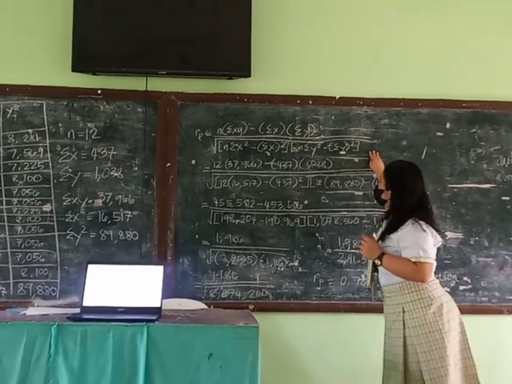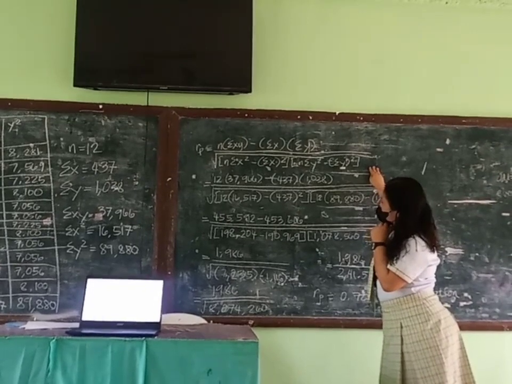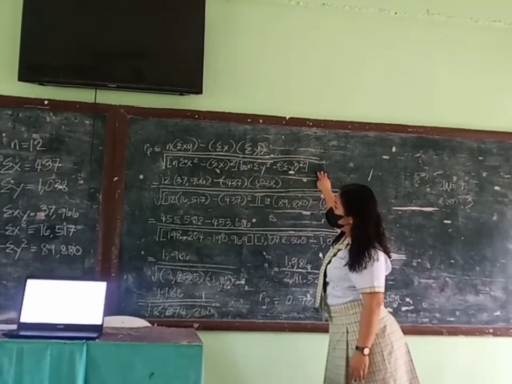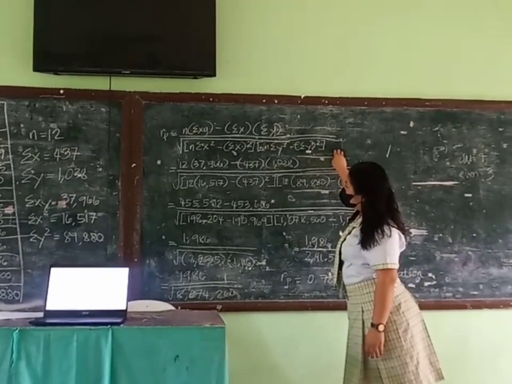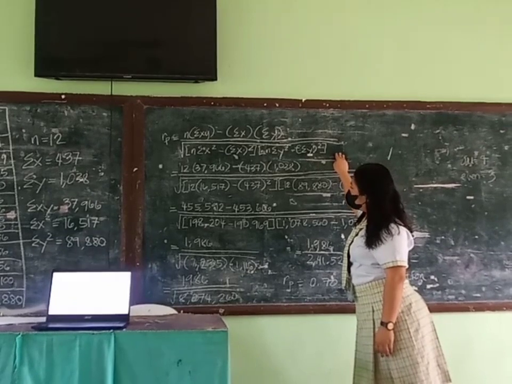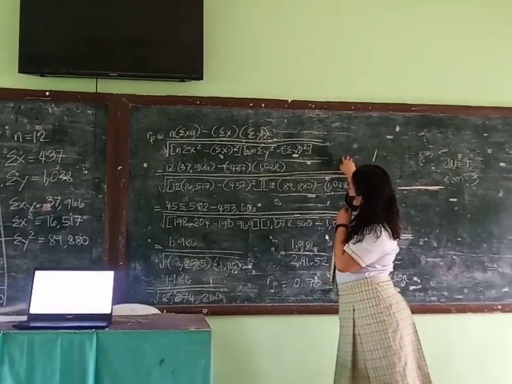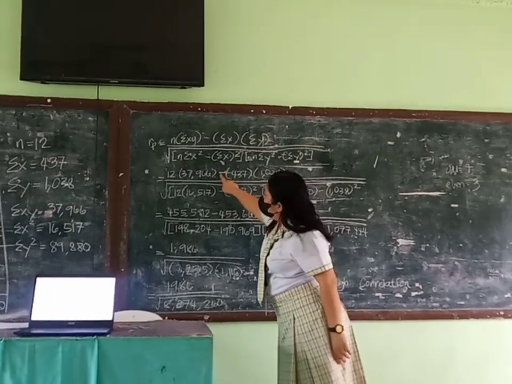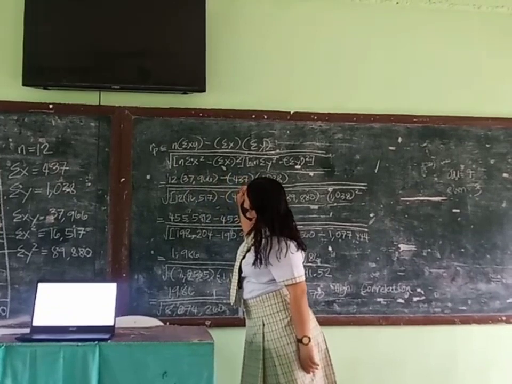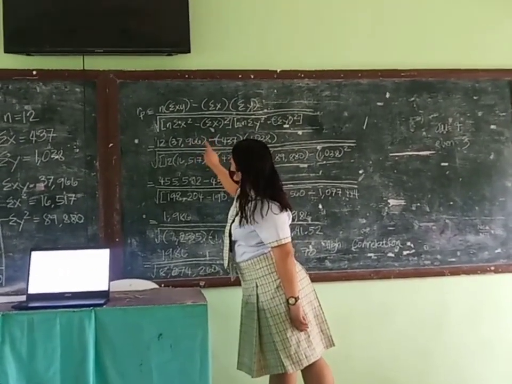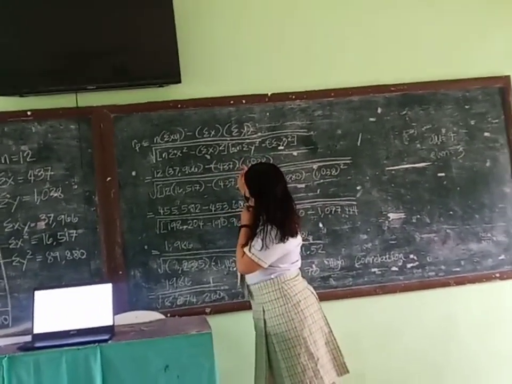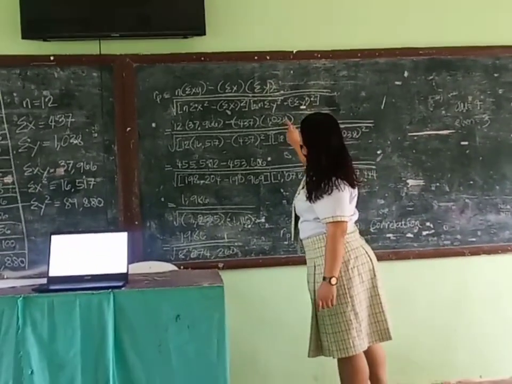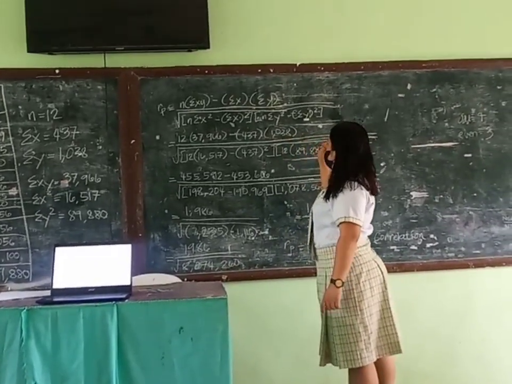n summation of xy minus summation of x times summation of y, over the square root of the quantity n summation of x squared minus quantity summation of x squared, times the quantity n summation of y squared minus the summation of y squared quantity. Here n stands for 12, the summation of xy is 37,966 minus the summation of x, 437, times the summation of y, 1,038.